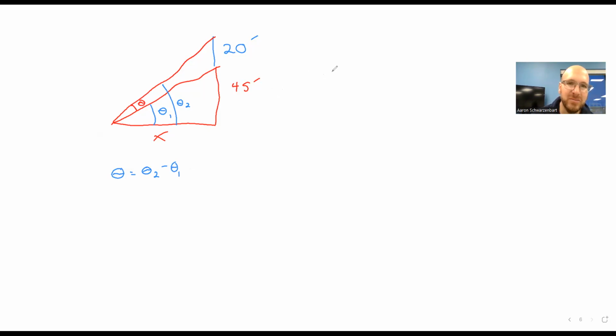I also know that tangent of theta 1 equals 45 over x, and tangent of theta 2 equals 65 over x. Meaning if I want this to be theta 1, I use the inverse tangent.